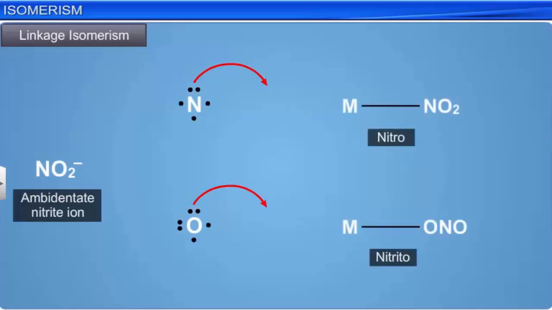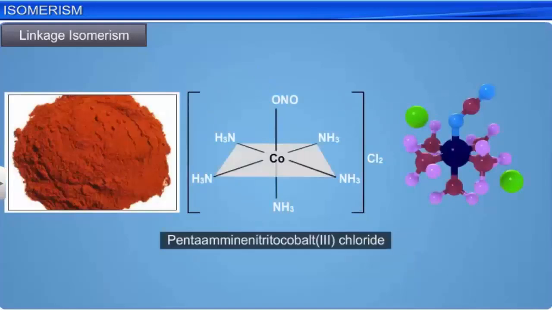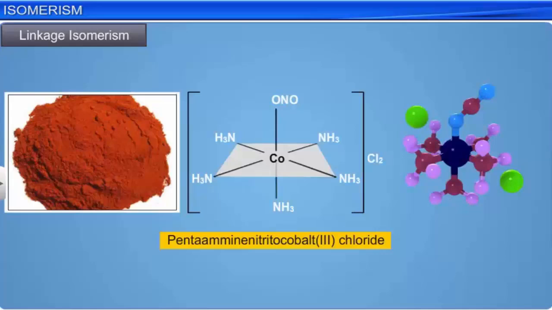For example, red pentaamine nitritocobalt(III) chloride, in which the nitrite ligand is bound through oxygen, and yellow pentaamine nitrocobalt(III) chloride, in which the nitrite ligand is bound through nitrogen to the metal ion.